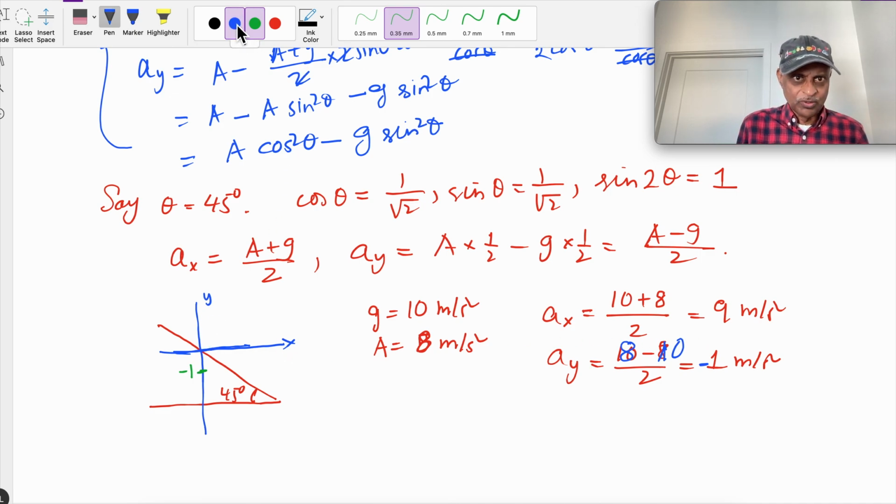So you can see, if I draw to scale, 1, 2, 3, 4, 5, 6, 7, 8, 9.